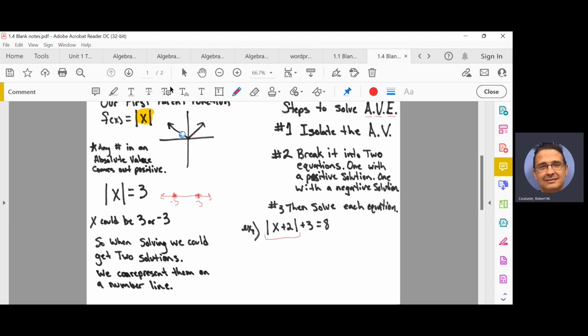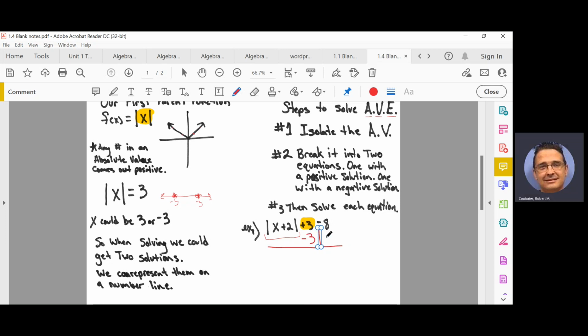Notice it's not. We have an extra piece over here. We have a +3. So just like we were doing with our equations before, this line just a little bit bigger. It's the same thing. We have our scales, right? And I can't touch the absolute value. So what I can move though is that +3. How do we remove a +3 from one side of the equal sign? We subtract 3.